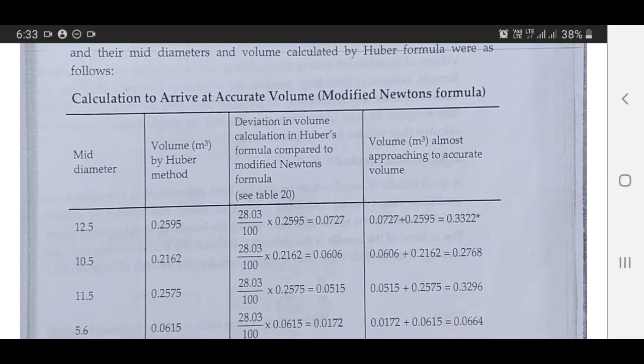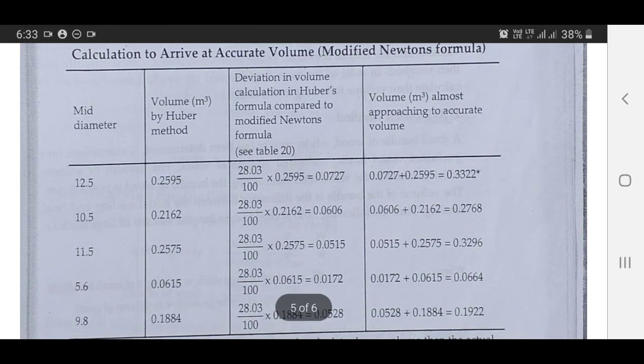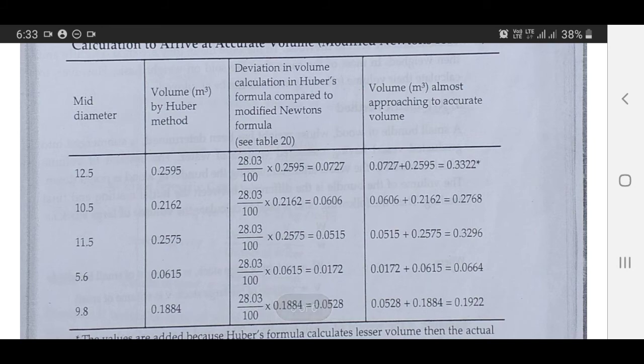The mid diameter of 5 logs is 12.5, 10.5, 11.5, 5.6 and 9.8. Their volume calculated by Huber method is 0.2595, 0.2162, 0.2575, 0.0615, 0.1884.